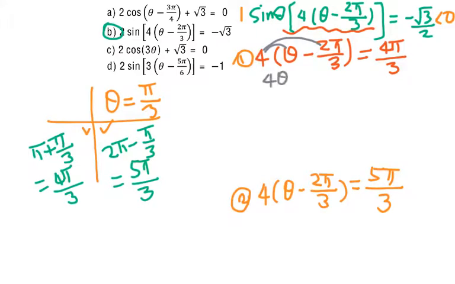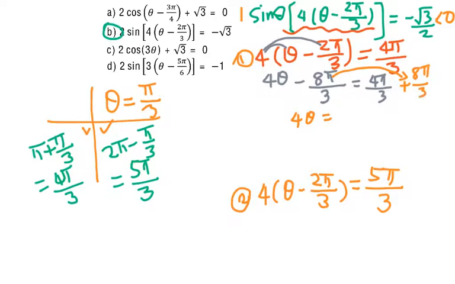You get 4 theta minus 8 pi over 3 equal to 4 pi over 3. Then cross the river, because this is linear, definitely. So I have 4 theta equals, I add 8 pi over 3, so basically it's 12 pi over 3. That means 4 pi. So your theta equals pi, because I divided both sides by 4.